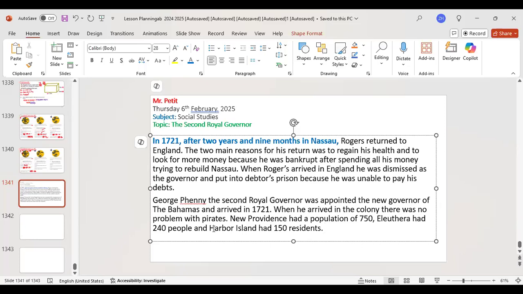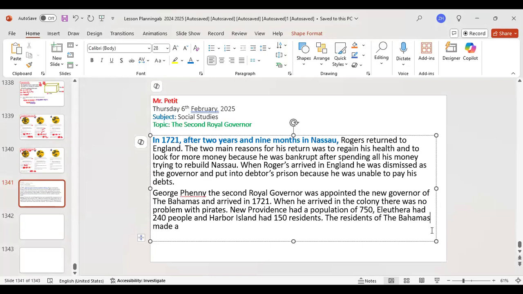So when he arrived, the residents of the Bahamas at that time made their living doing various things, right? And this is very important because he's going to show them a different way to make a living.